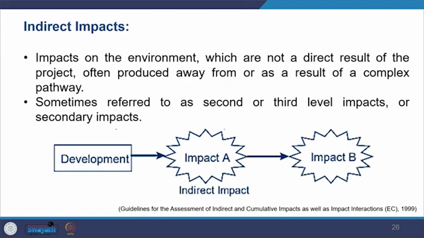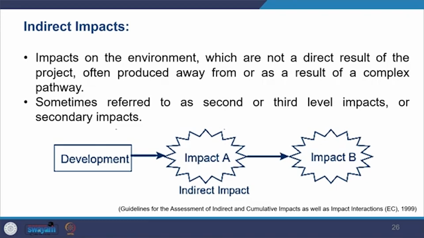Further, you can see indirect impact. How do we differentiate it from cumulative impact, or there might be overlapping understanding here. Impacts on the environment which are not a direct result of the project, often produced away from it or as a result of a complex pathway. That is said to be an indirect impact, sometimes referred to as second or third level impact or secondary impact as well.